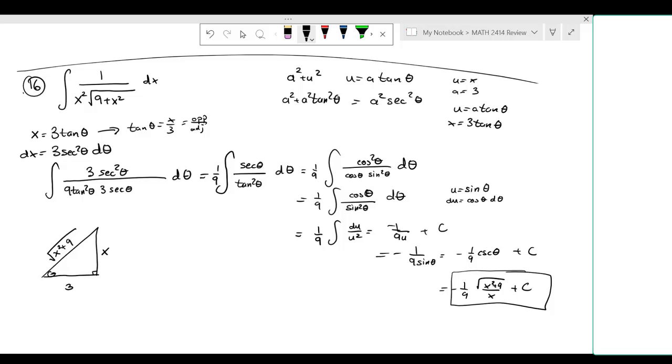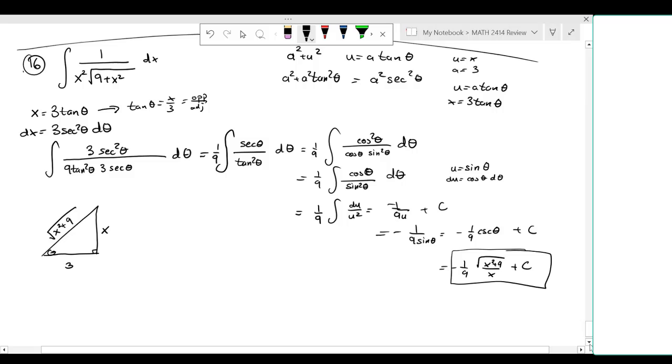Trying to think if we had bounds, what kind of problem would we use? Probably have an improper integral, right? If you go from 3 to infinity.